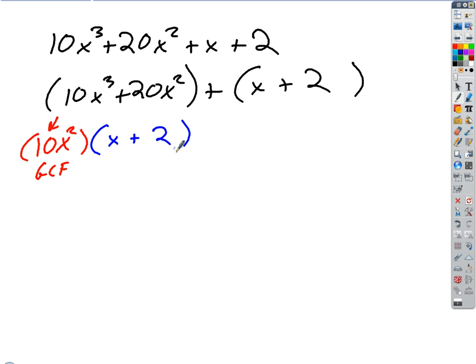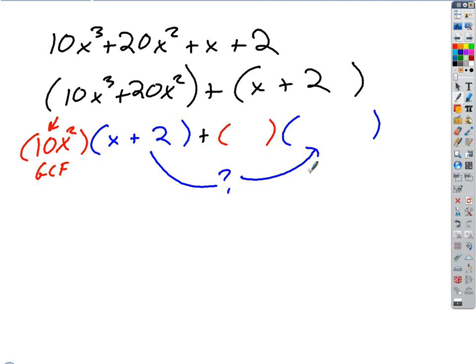All questions? Okay. So it's 10x squared plus 1 times x plus 2. Now remember, if this is going to work, this has to be the same leftover that we get over here. But we don't know it's going to work this time.